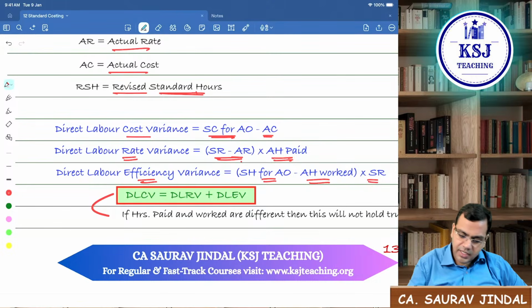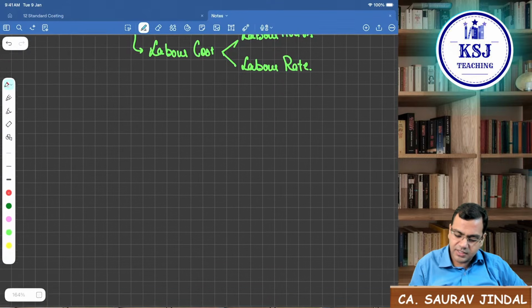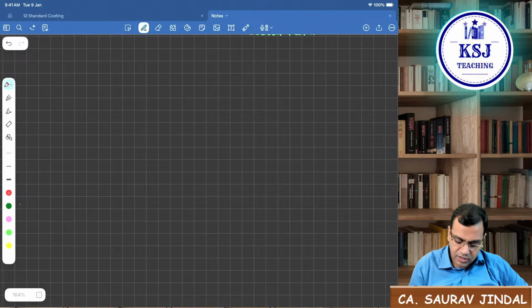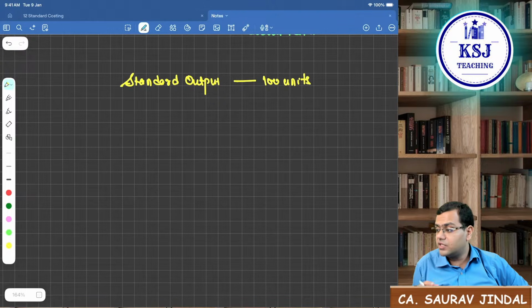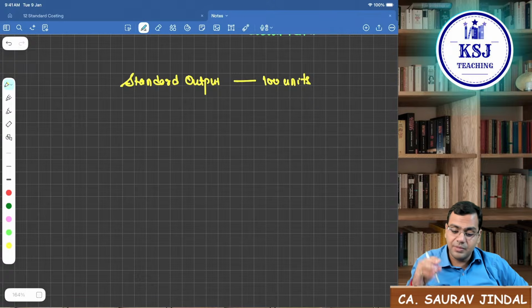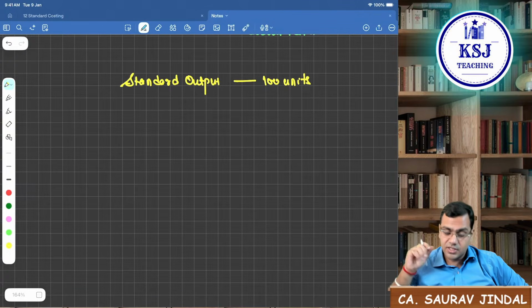The same way it will be for standard hours for actual output. Let's say your standard output is 100 units. Standard output means what you planned for the finished goods. You planned that you will make 100 units of the finished goods, right?